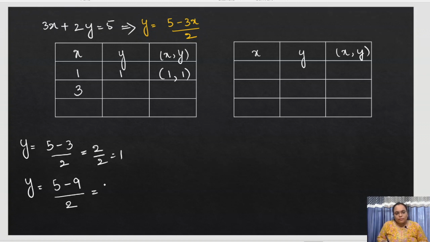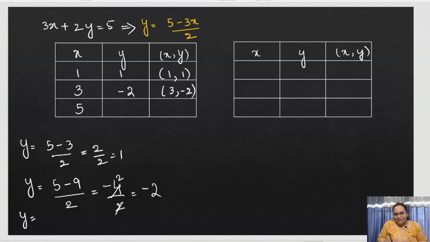This is minus 4 by 2, which is minus 2. Okay. Which is minus 2. Coordinates are 3 and minus 2.